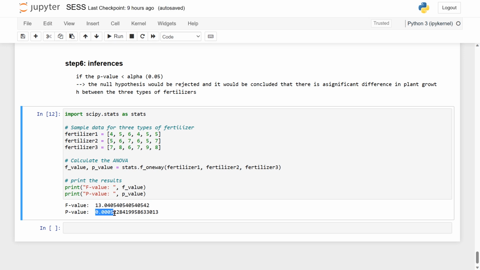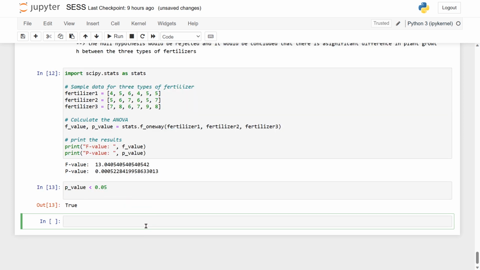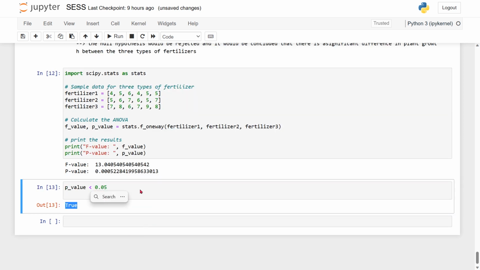Now let's take the P value and compare it with this. What's the condition? Is the P value less than 0.05 or not? Let's check. It's true. It's less than 0.05, less than the significance level.